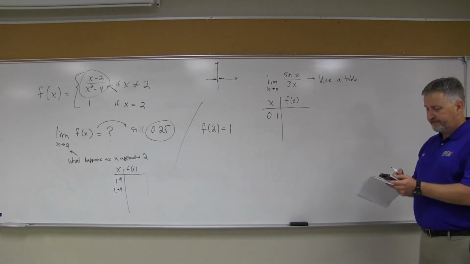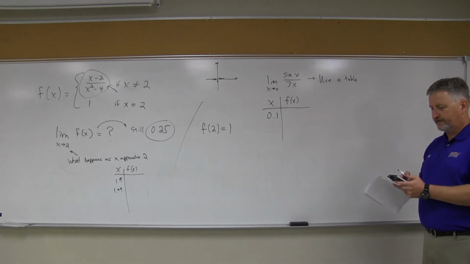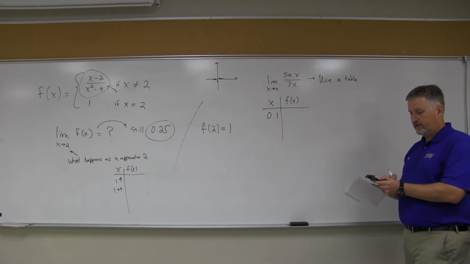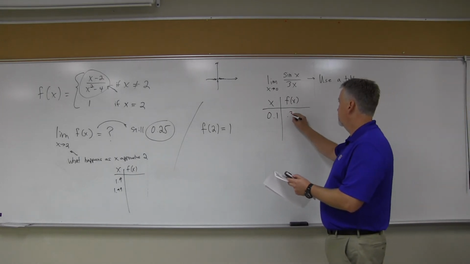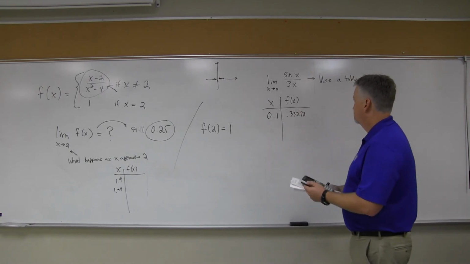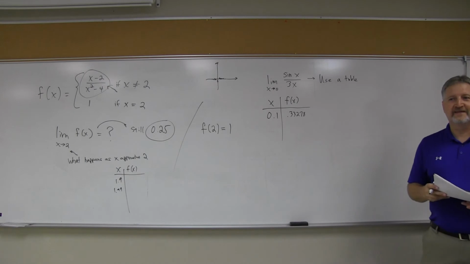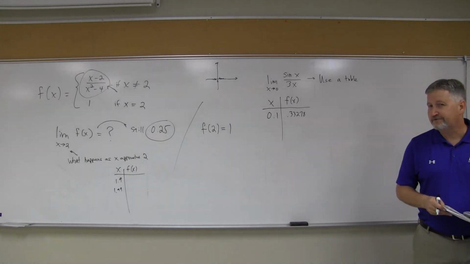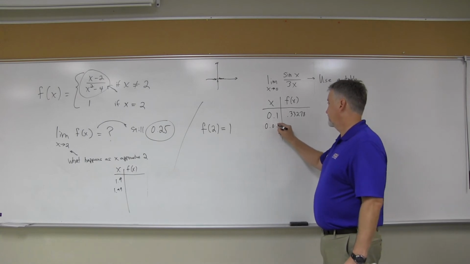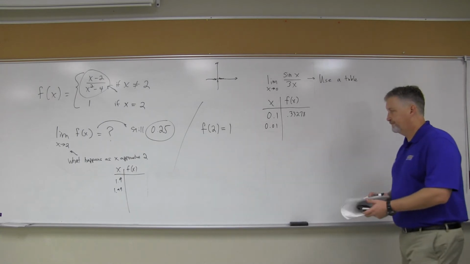So what we should get for 0.1, I went to the wrong thing there. All right, table. So put in 0.1, and I get 0.33278 for the first value. But I want to approach 0, so I want to get closer to 0. So that's where I want to add the 0, right? 0.01.